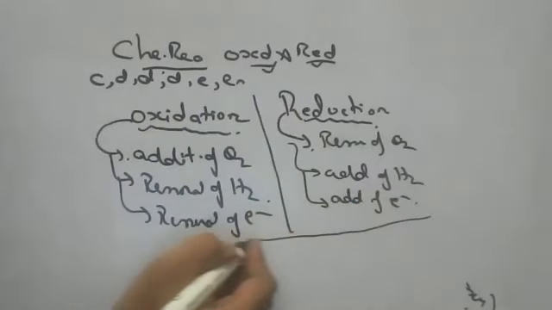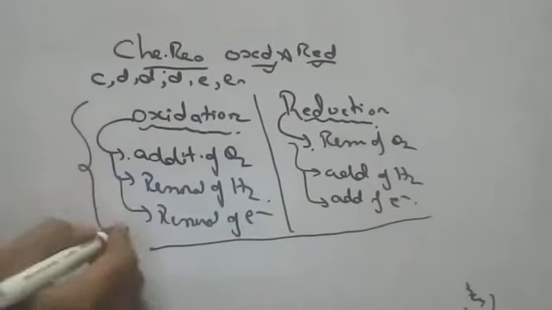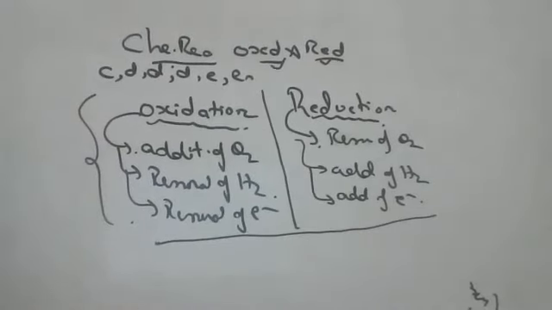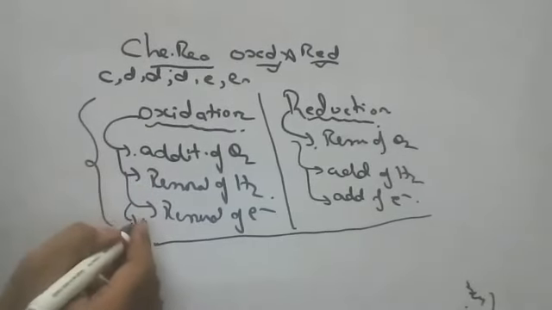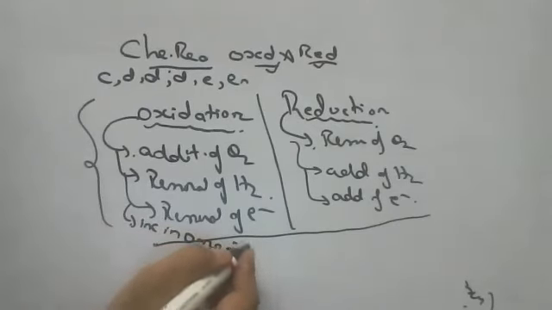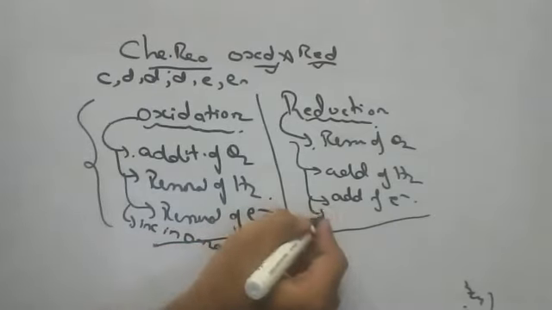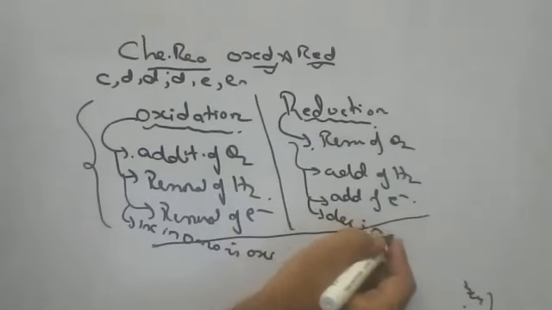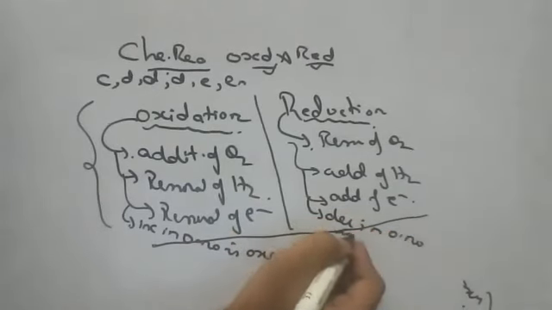These are the primary differences between oxidation and reduction. If you go to higher classes, they will also say increase in oxidation number is called oxidation, and decrease in oxidation number is called reduction.